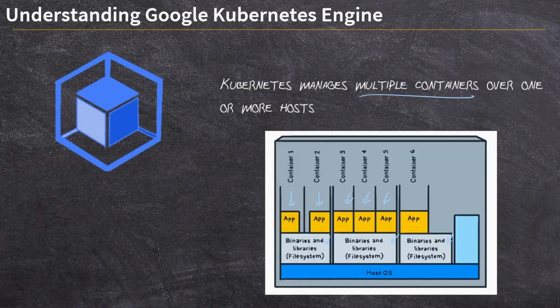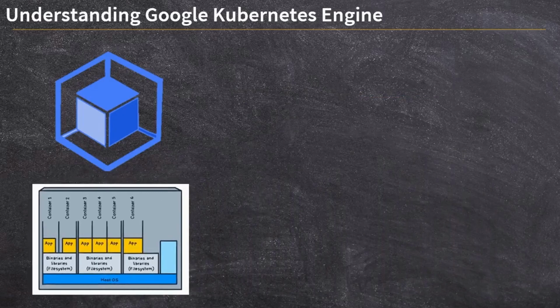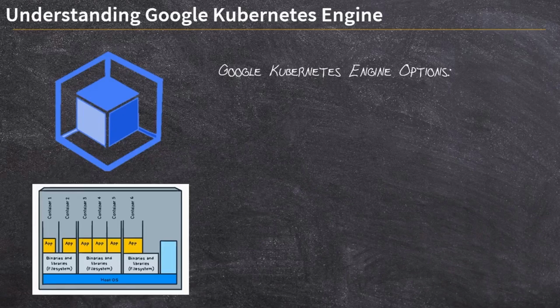So with Kubernetes, we can deploy a whole collection of containers. We can scale up and scale down, and Google Kubernetes Engine is allowing us to do all of that inside of the cloud. In fact, Google Kubernetes Engine runs on Google Compute Engine. We learned about that a little bit, right? Virtual machines in the cloud. Kubernetes calls those nodes, and the nodes inside of GKE are just compute engine instances.